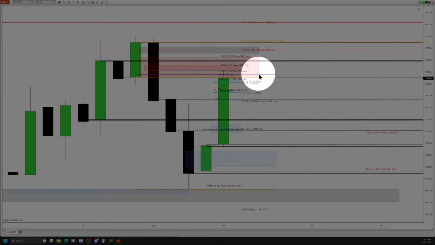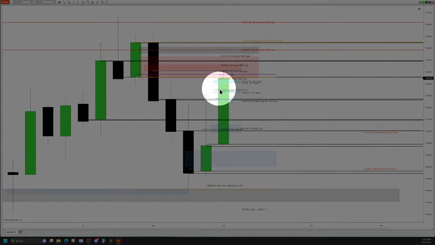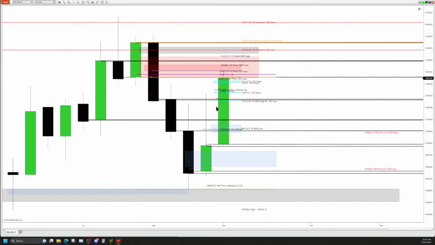Below where price is right now, we really have not much. This candle is going to close here, so where it begins it will create a temporary imbalance area to the downside, a BISI where there was only buy side. So there might be some breakdown there.